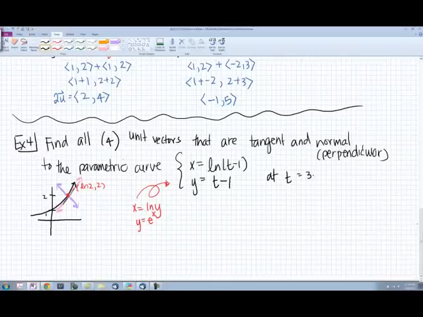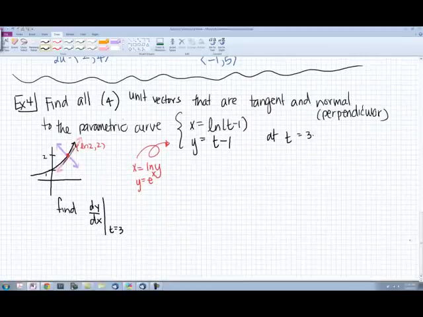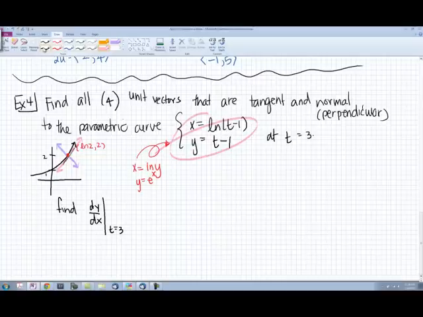In order to find those, I need to know what the slope is at that point. So I need us to find dy/dx at t equals 3. Now this is from the previous section. How do we find dy/dx when we're given a set of parametric equations? Do you guys still remember? You haven't forgotten, have you?